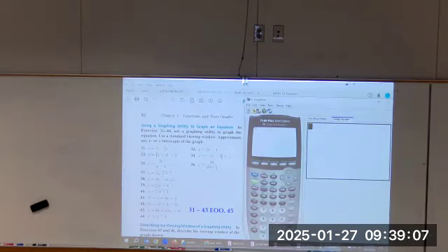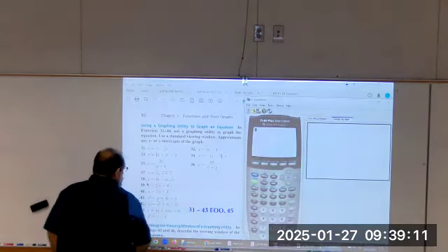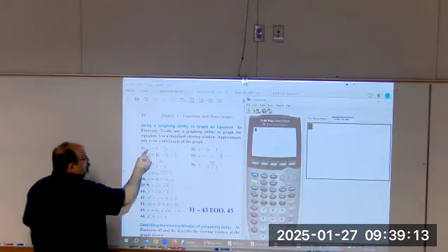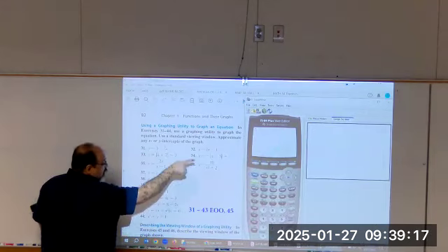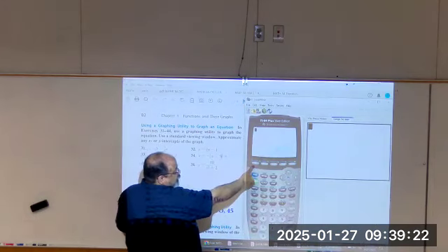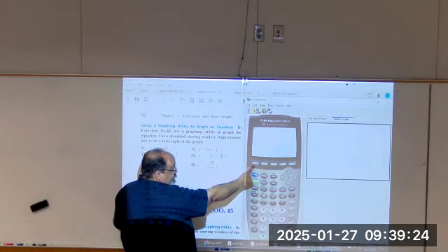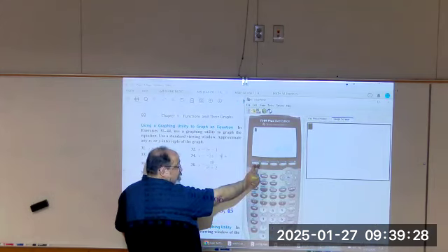So when we graph anything, you can only type in the right-hand side of an equation on a calculator. Y equals. The Y equals button on the 83s and 84s, and most every other calculator is right here on the 83 and 84.